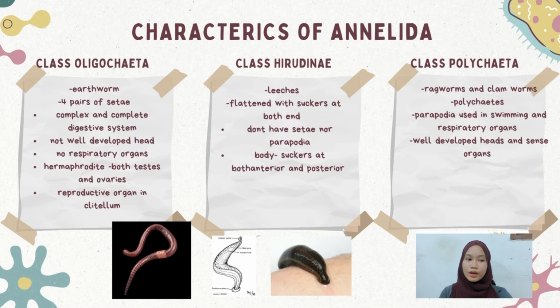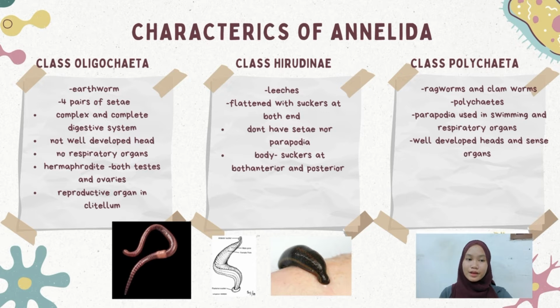Earthworms also have a not well-developed head, since they only have a simple brain and only a nerve cord. Earthworms also have no respiratory organ, and as hermaphrodites, they contain both testes and ovaries. The reproductive organ in earthworms is called the clitellum.